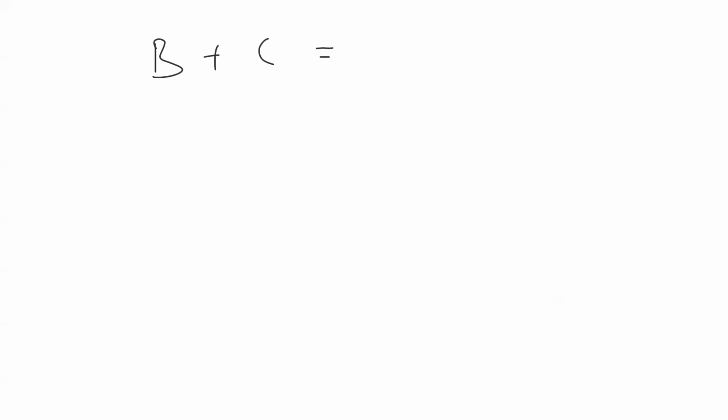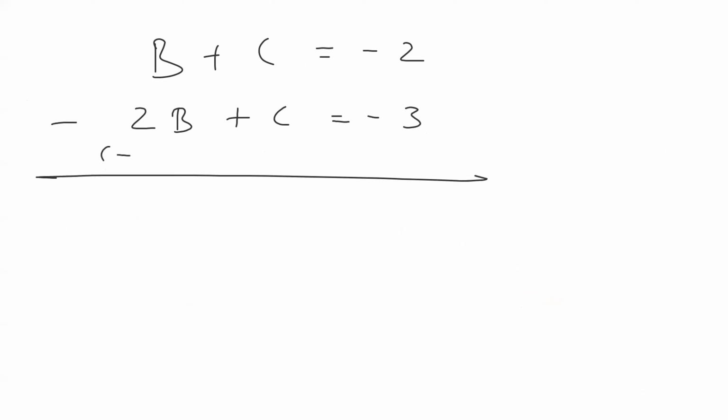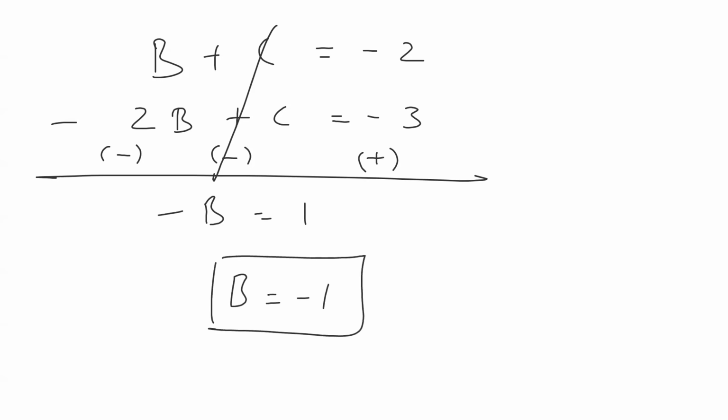B plus C equal to minus 2. 2B plus C is equal to minus 3. Subtract both the equations. C will get cancelled. B minus 2B is minus B, and minus 2 plus 3 is 1. So B is equal to minus 1.